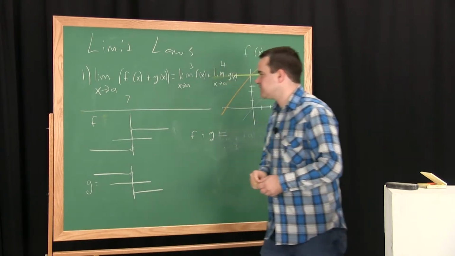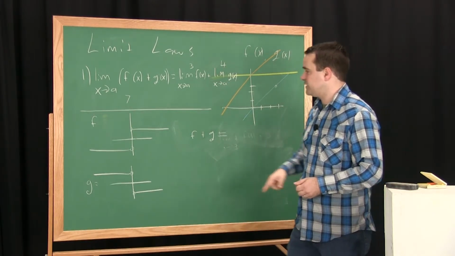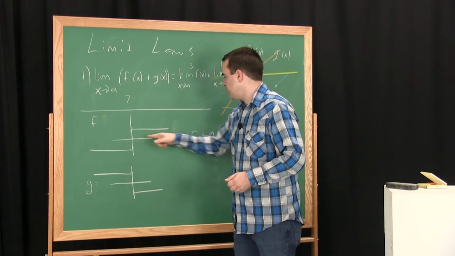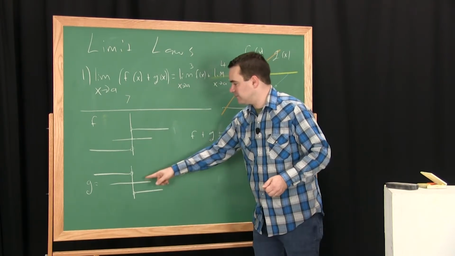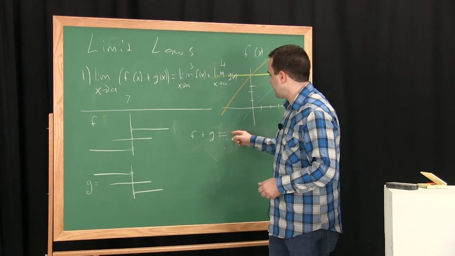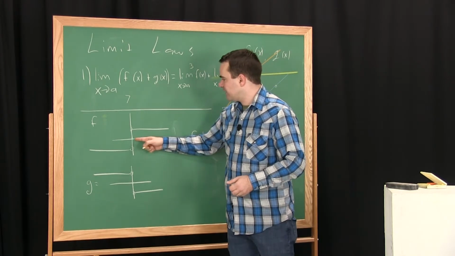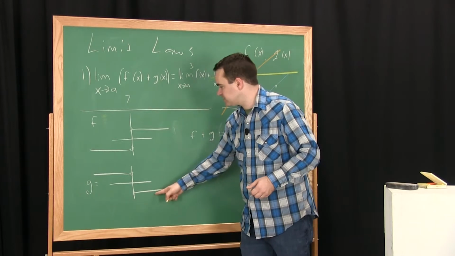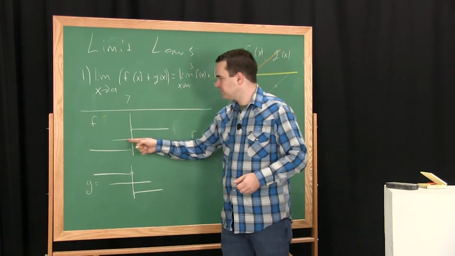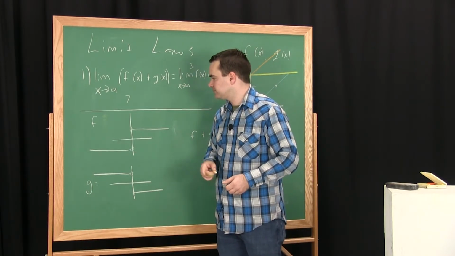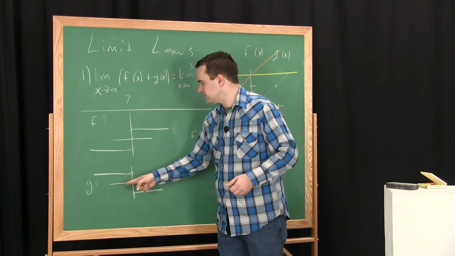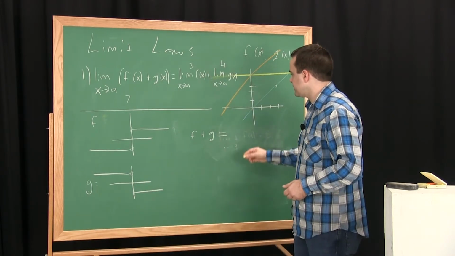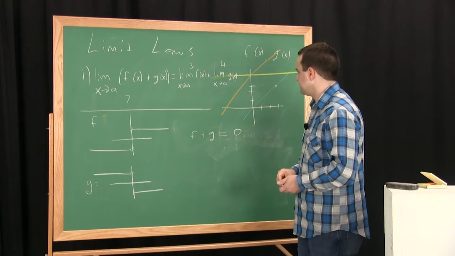If I add these two functions together, and what I mean by that is you pick any x value, and the y value is going to be the sum of the two y values. So for any x bigger than 0, I'm going to get f plus g is 1 minus 1 equals 0. For any x less than 0, I'm going to get negative 1 plus 1 equals 0. So f plus g is just equal to the 0 function.